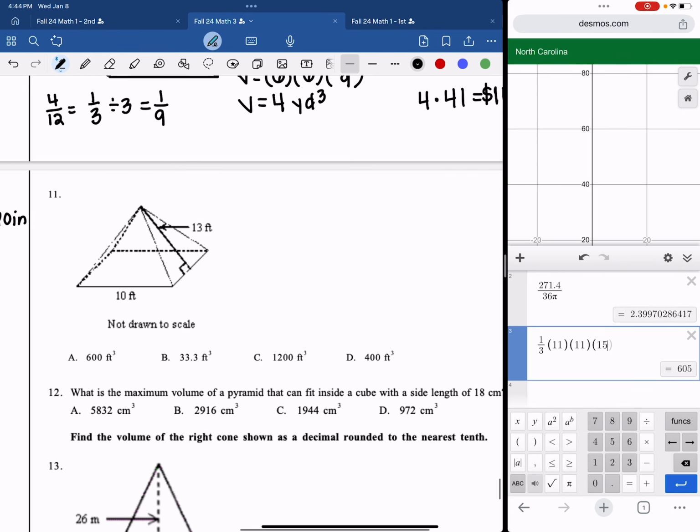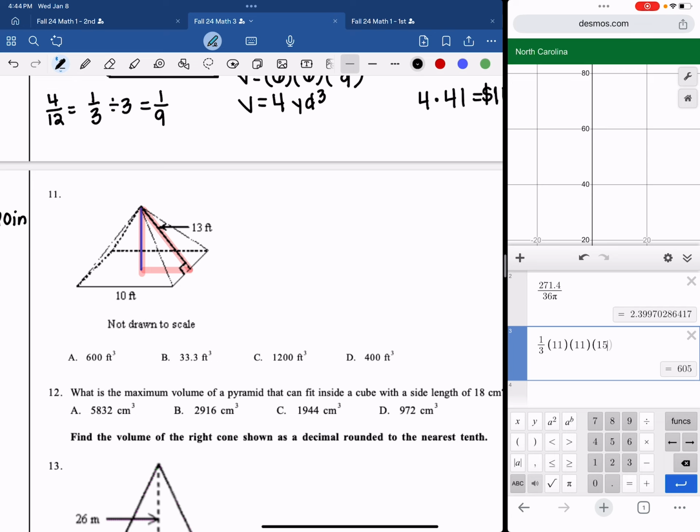Now, number 11 is different because they don't actually give us the height from our point at the very top where all of my sides come together to the base. However, what I can do is I can say, okay, I know that I have a slanted distance here, I have that perpendicular distance here, and I could say, okay, well, can I do the Pythagorean theorem?